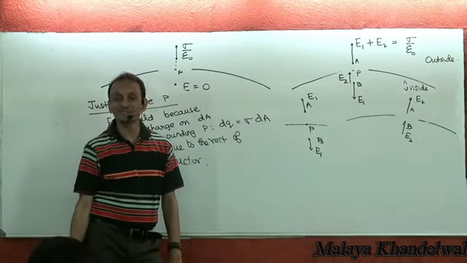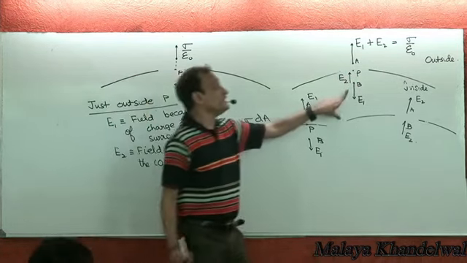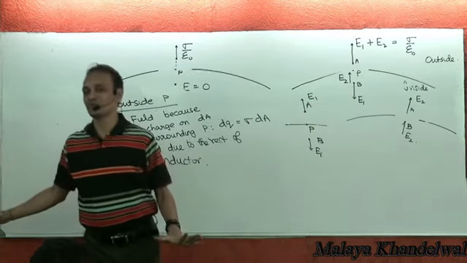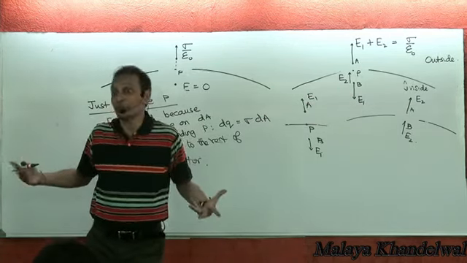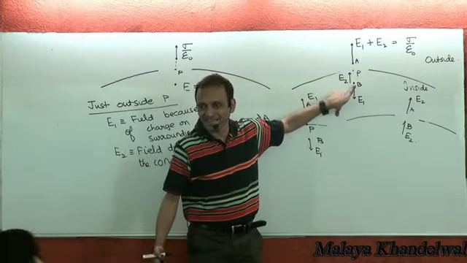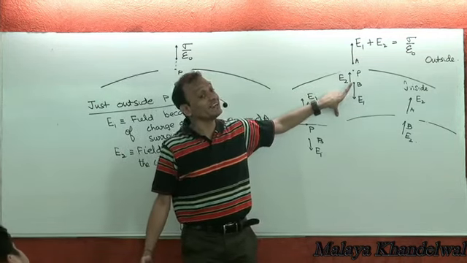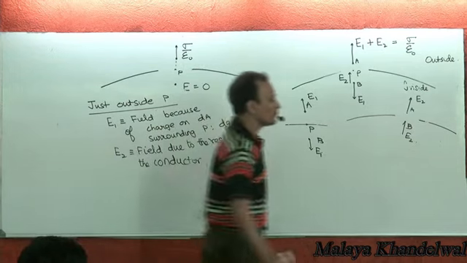And E1 minus E2 must be 0. E1 must be equal to E2, therefore, because B is a point inside the conductor, so the net electric field inside the conductor must be 0.